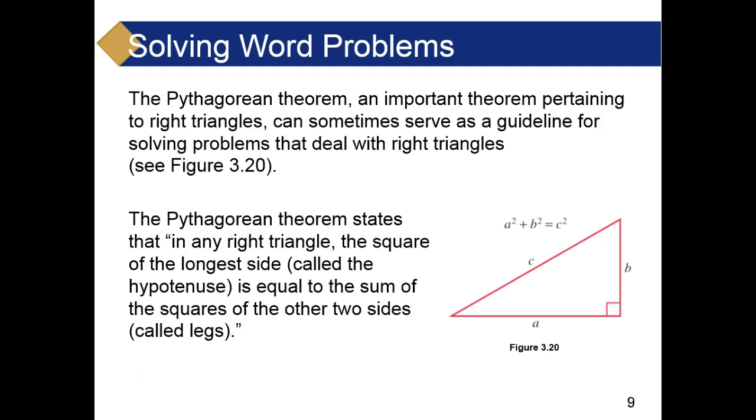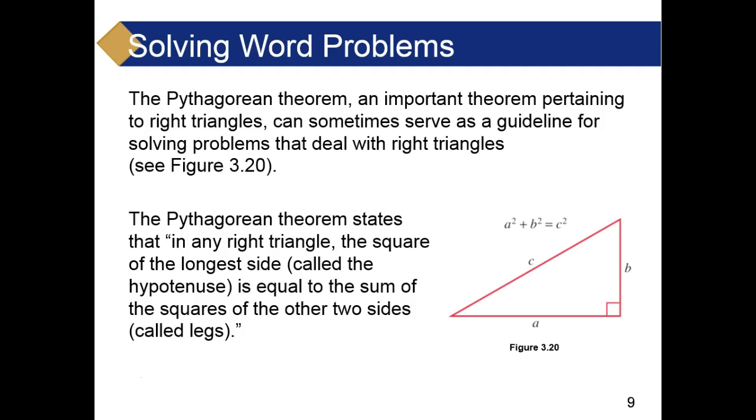Has it ever been proven? Like hundreds of different ways. In fact, a former president of the U.S. came up with a unique proof of the Pythagorean theorem way back. Quite an extensive number of papers you could get out of that one little thing.